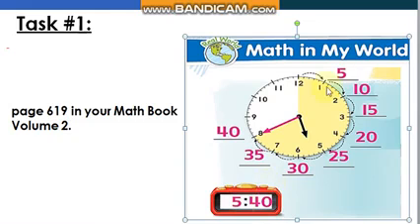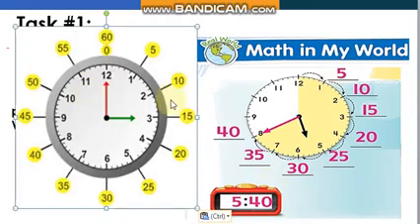Okay? So remember, everyone, to skip count by 5s to find the minutes. Don't forget. So let's skip count by 5 again, one more time. 5, 10, 15, 20, 25, 30, 35, 40, 45, 50, 55, and 60 or 0.